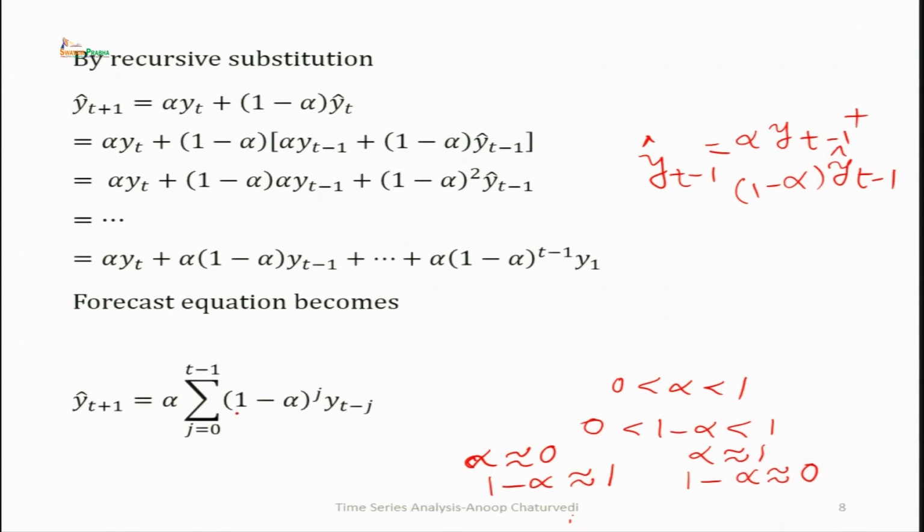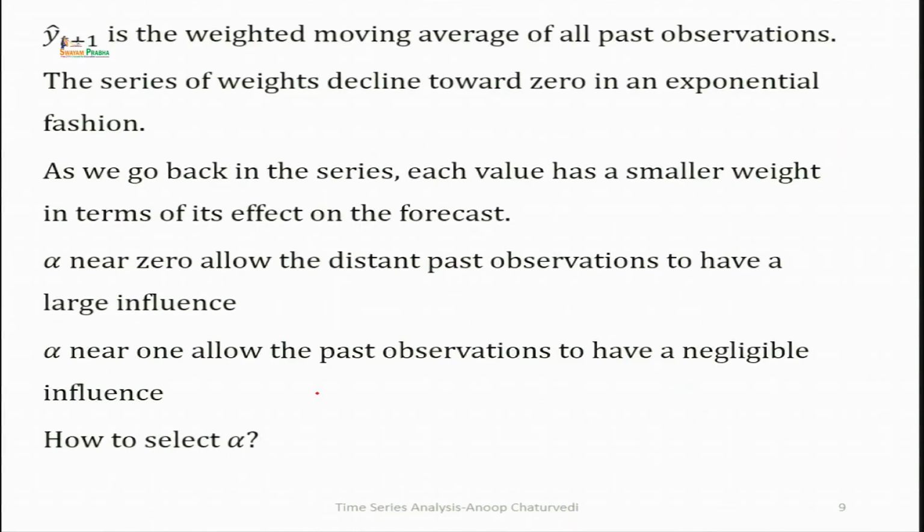So, this 1 minus alpha to the power j decreases very fast with increasing j. So, the past observations get very small weightage or negligible weightage. So, those observations have a negligible influence on the forecast.